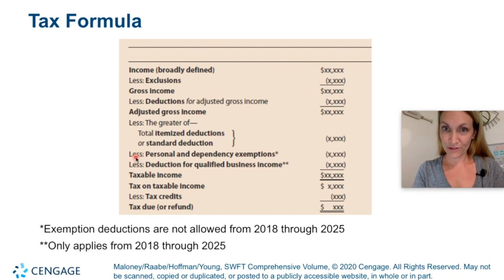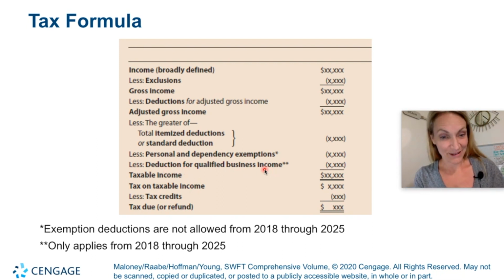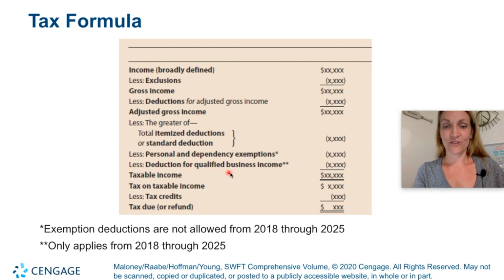So in your notes, when you write this out, you want to be sure to point out this is not here. What we do get to subtract is a deduction for qualified business income. And again, this is a really unusual type of deduction for taxes because it's based on 20%, a percentage of business income.